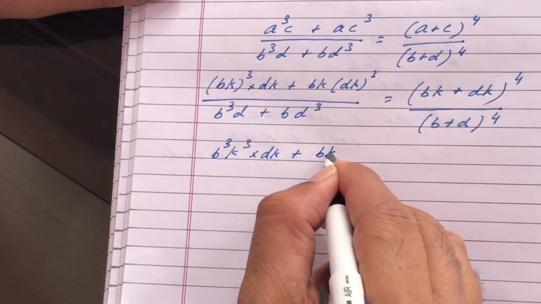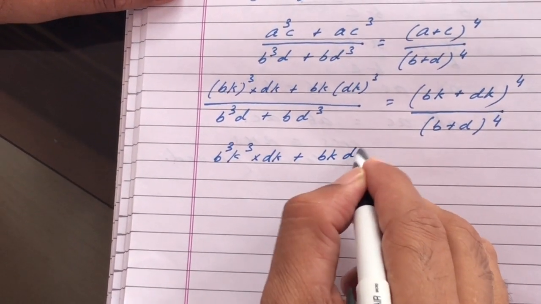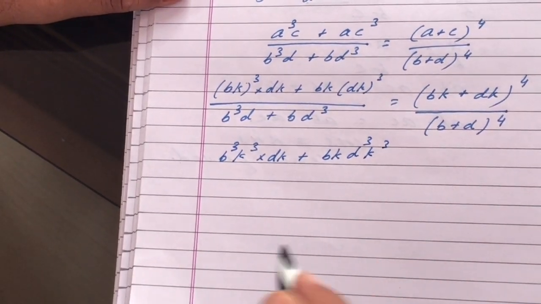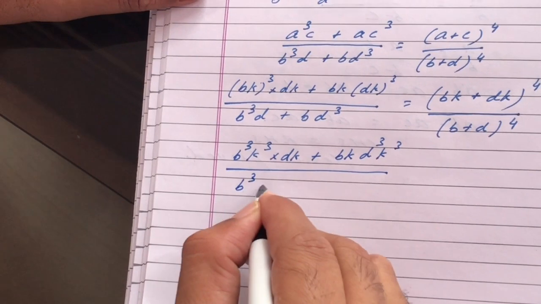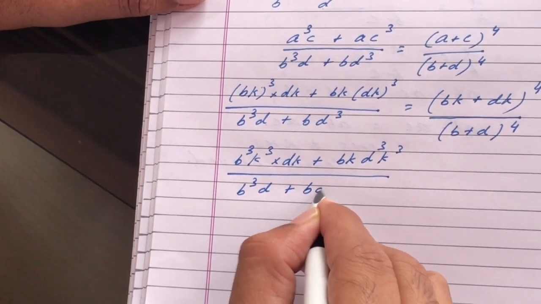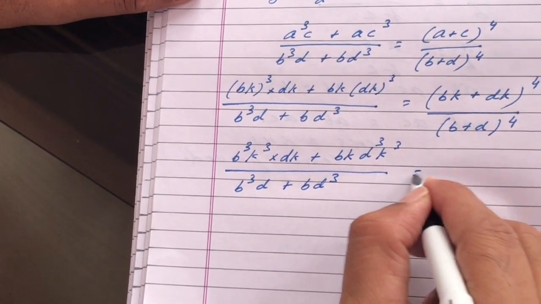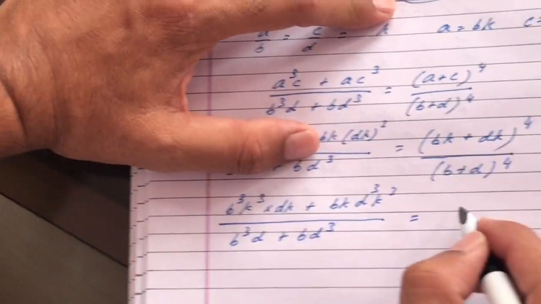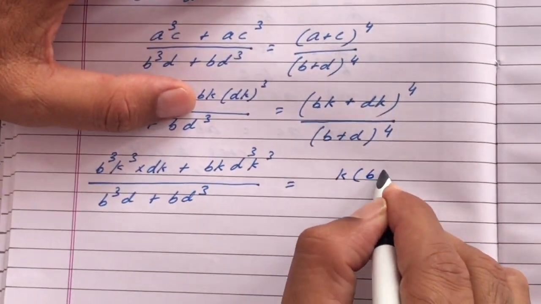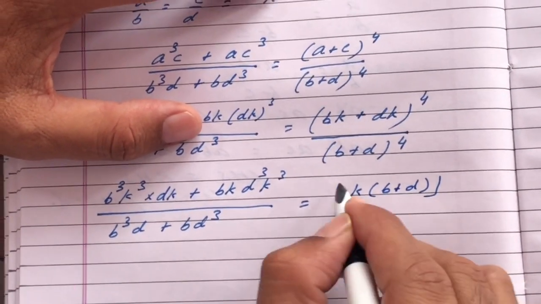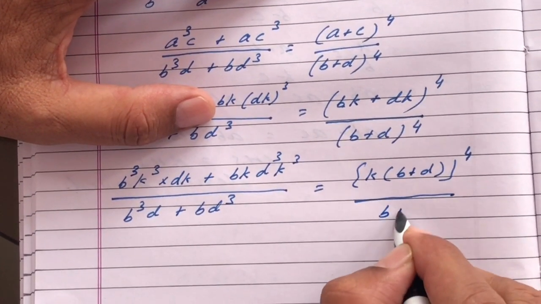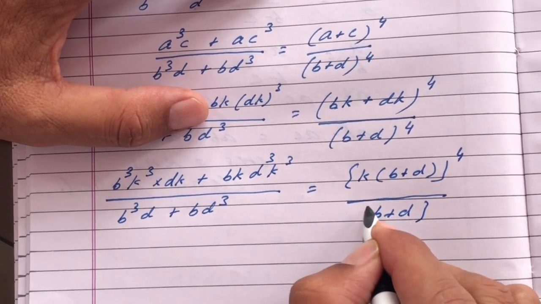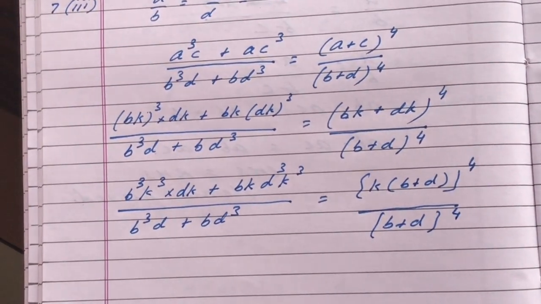It is BK into D cube K cube upon B cube D plus BD cube. From here K is common, K into B plus D whole power 4 upon B plus D whole power 4.